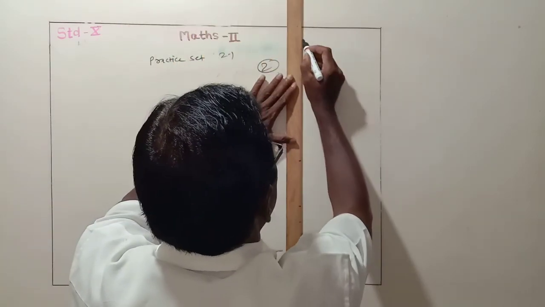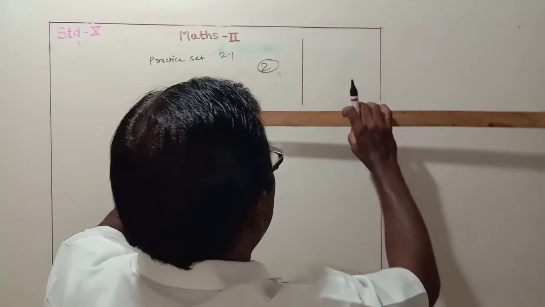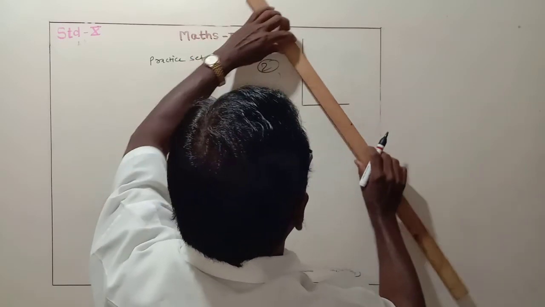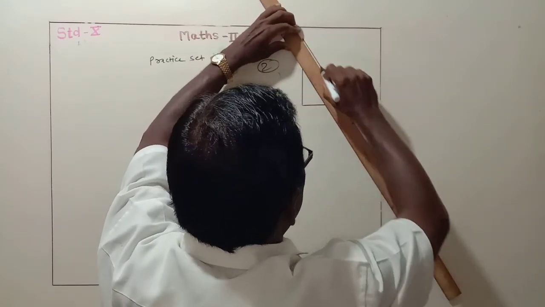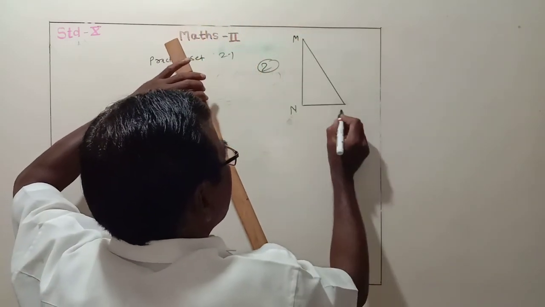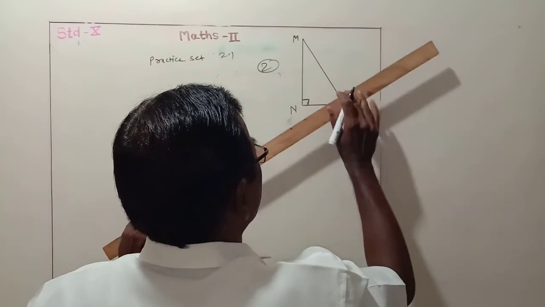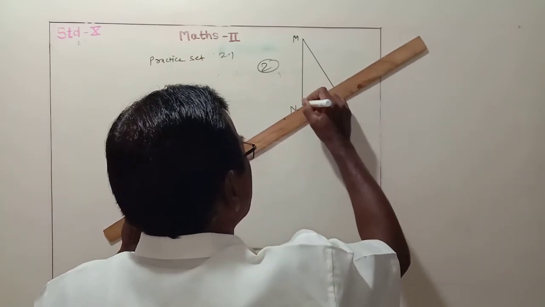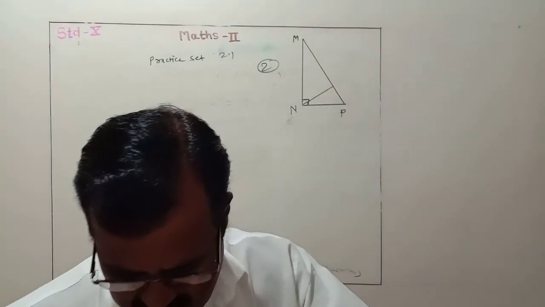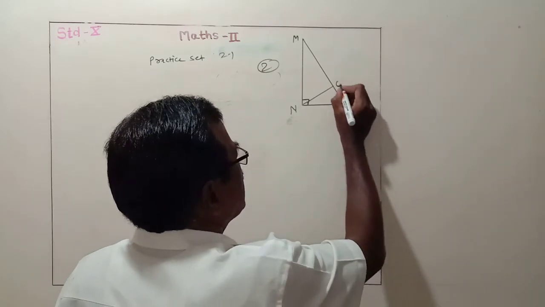There is a perpendicular NQ on hypotenuse MP.